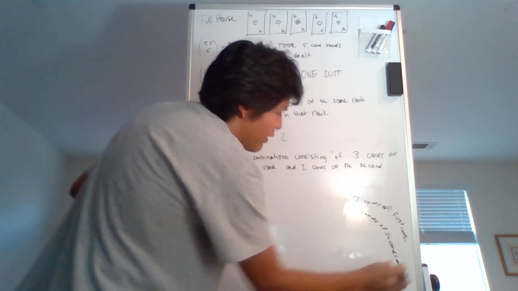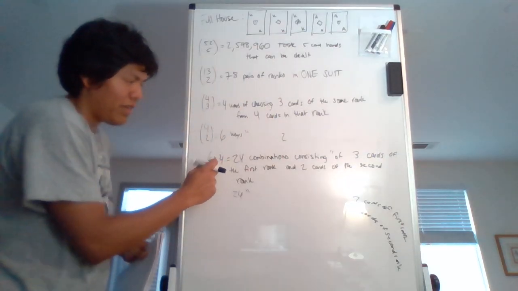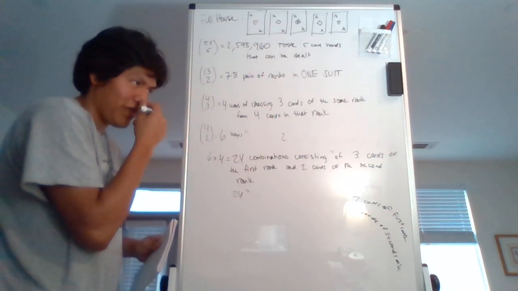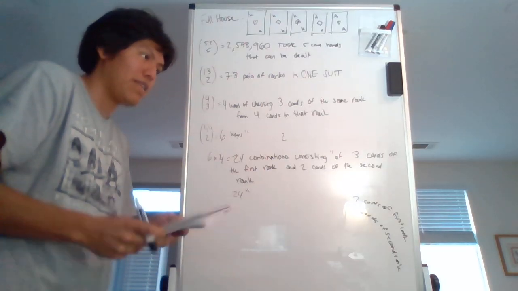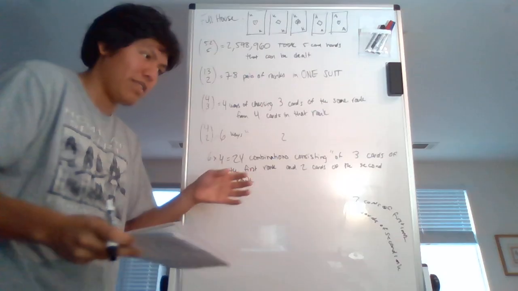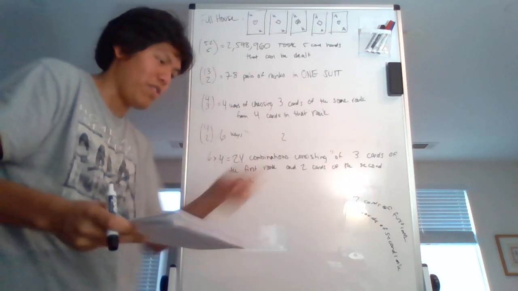I'm writing that down. So we have to consider that as well. The other possibility is that you take 3 up here, 2 down here, or you take 2 up here and 3 down here.